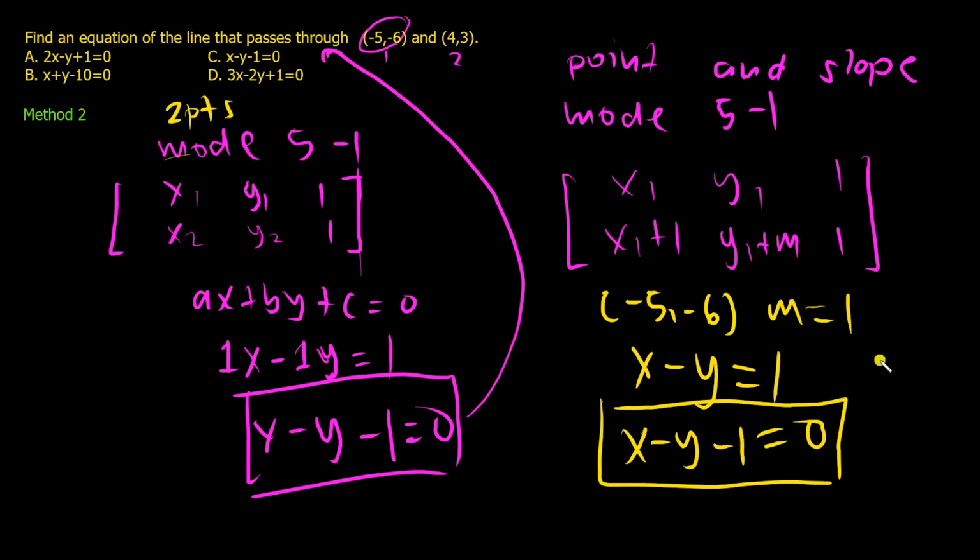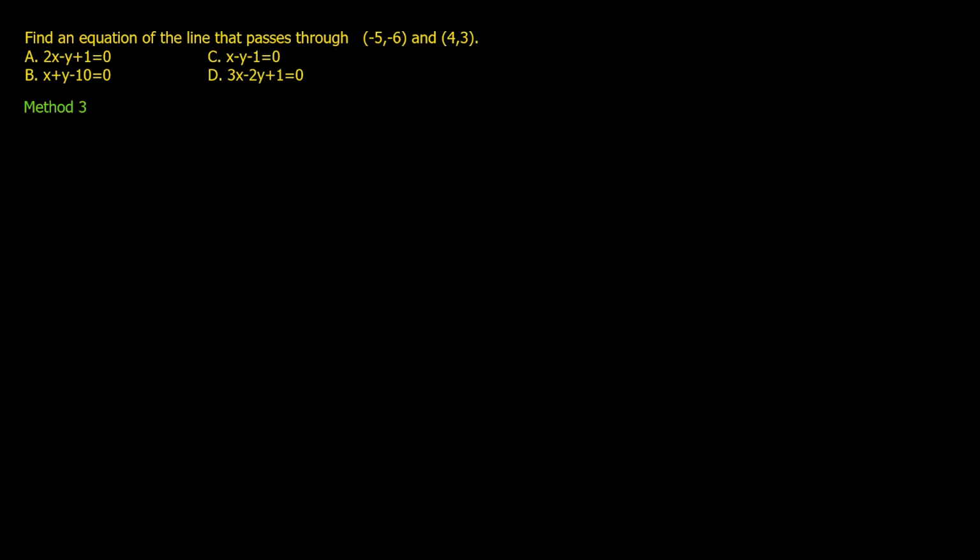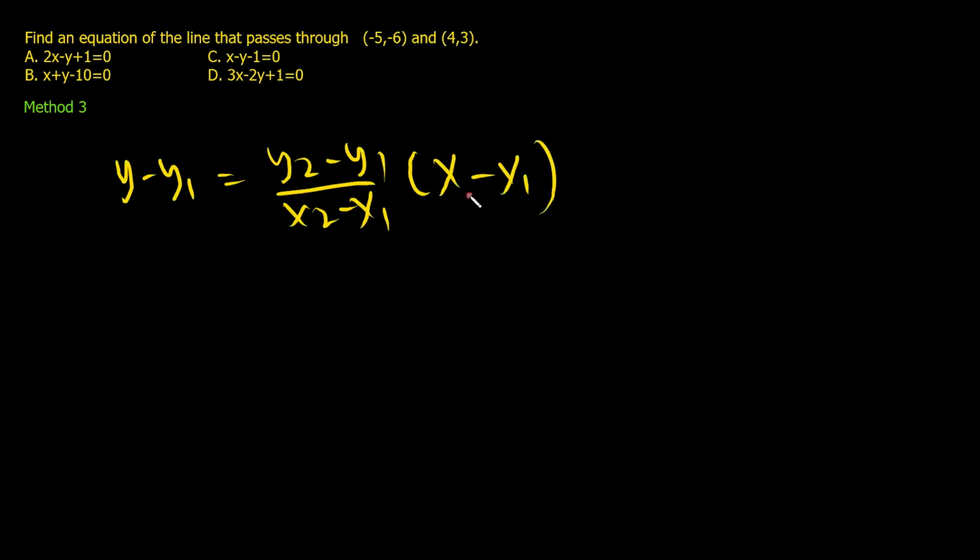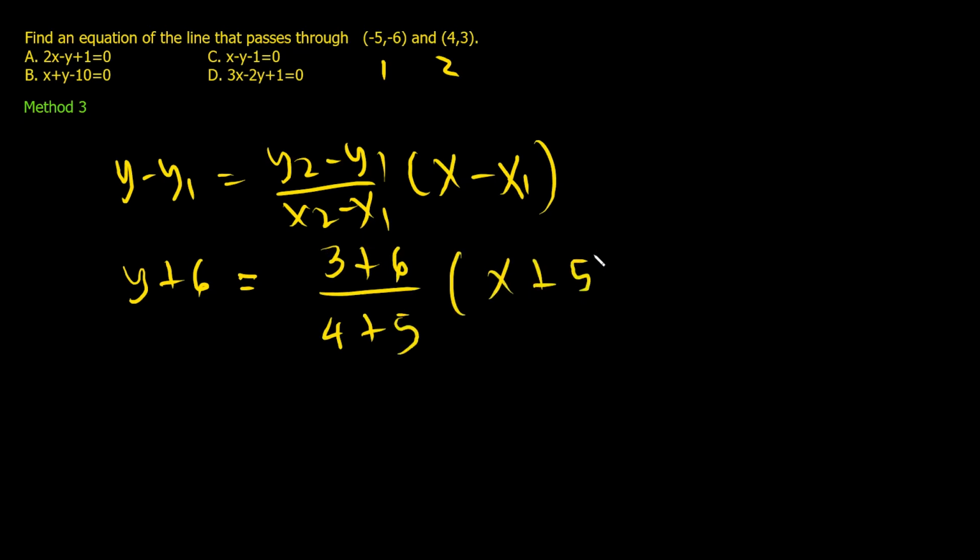So, let's proceed to method number 3. That was method number 2. Method number 3 is the proper solution. Given 2 points, we use the formula y minus y1 is equal to y sub 2 minus y sub 1 over x sub 2 minus x sub 1 times x minus x sub 1. Substituting, y plus 6 is equal to 3 plus 6 over 4 plus 5 times x plus 5.